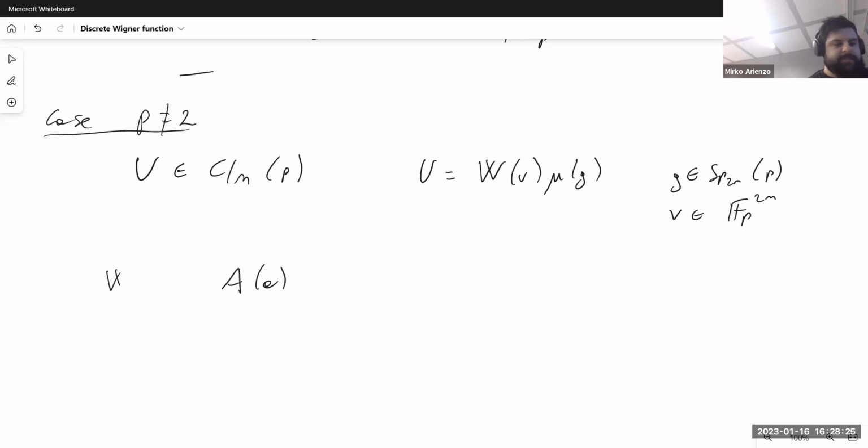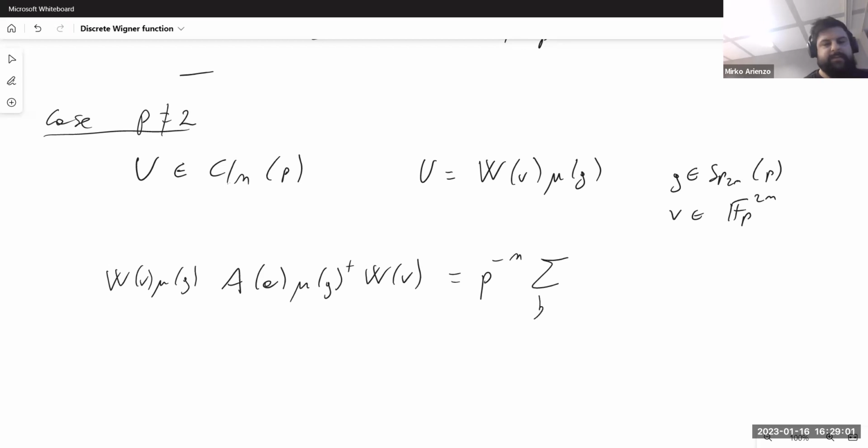So we have this W and mu acting on A. We know the action of W and mu on Weyl operators, so we just expand the definition of A. So we have p to the minus n, and then there is the sum over phase space points.